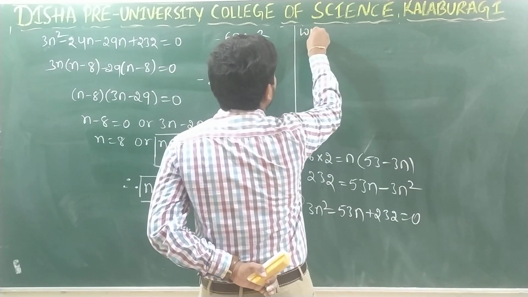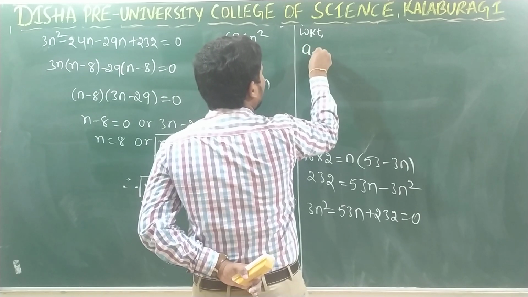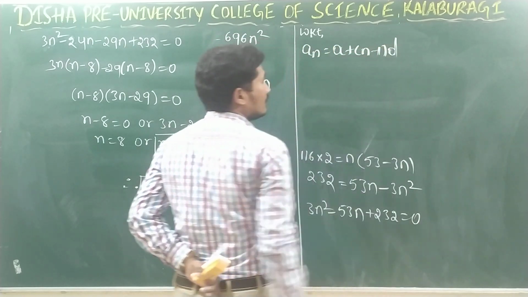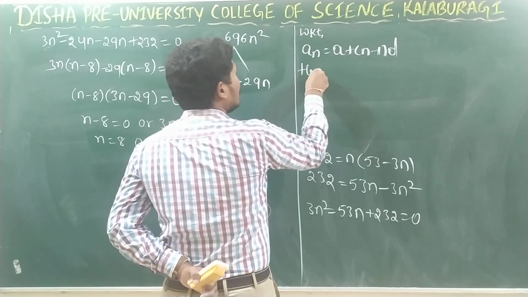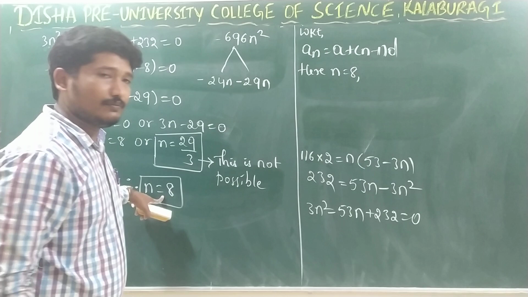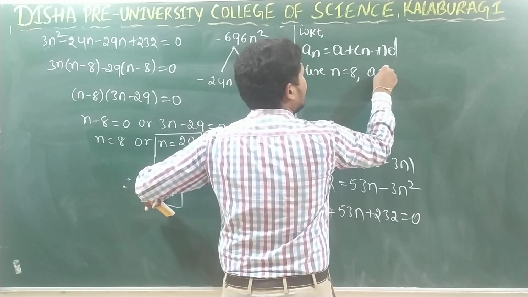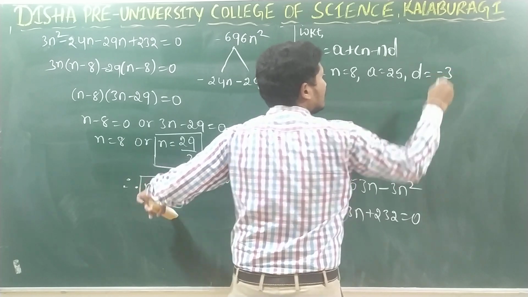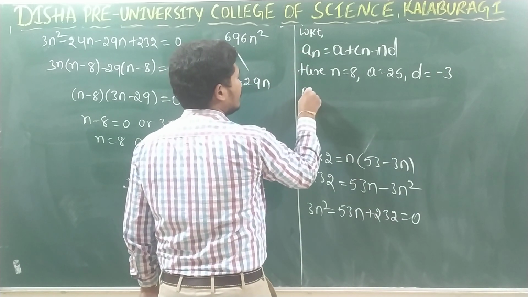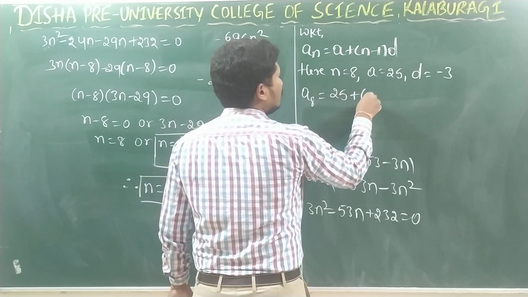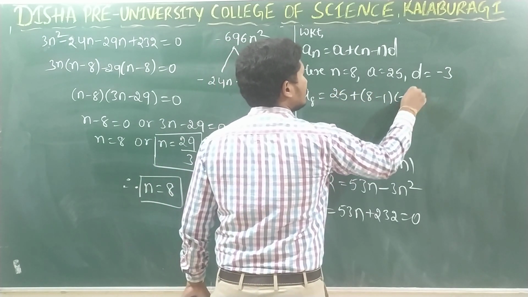See, we know that an is equal to a plus n minus 1 into d. Right? So here the value of n is 8 that we have obtained now. The value of a is 25 and the value of d is what? Minus 3. Let us substitute that. A8 is equal to 25 plus 8 minus 1 into minus 3.